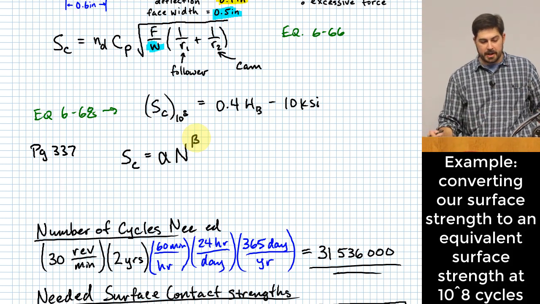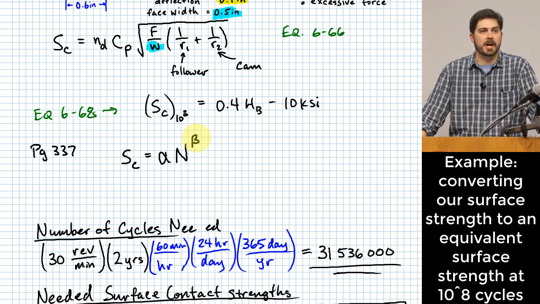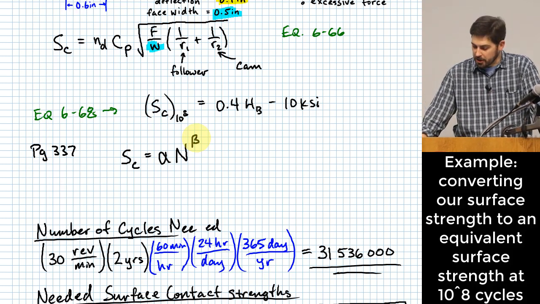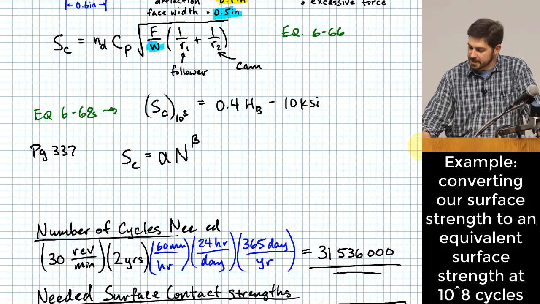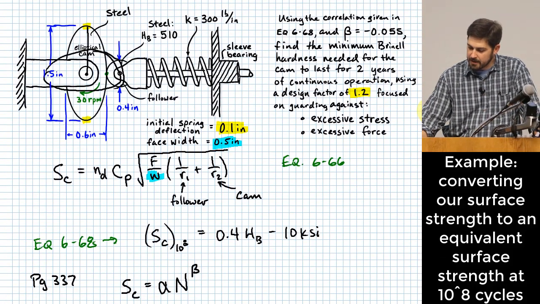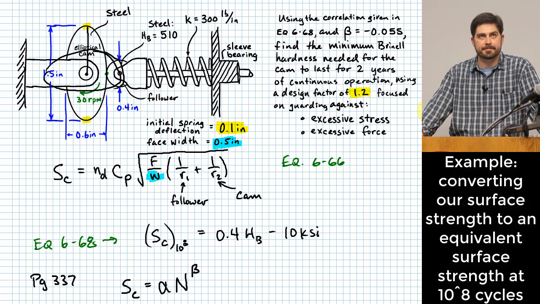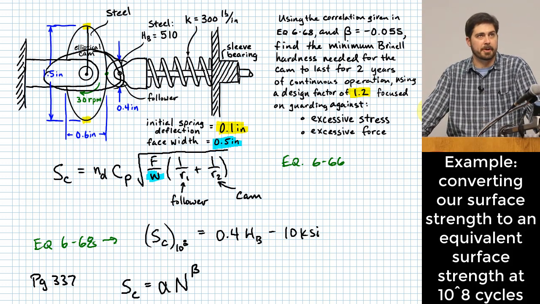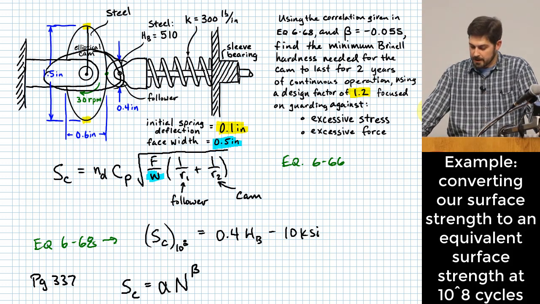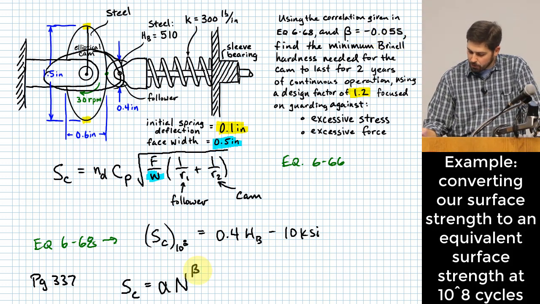And good news for us, the beta value there ends up being pretty constant. Even though there are a couple of different forms of it that might be published in different places, that's why I gave it to you at the beginning. Use a beta value of negative 0.055. That's a number that doesn't really tend to move much as long as you're talking about steel. So we have negative 0.055 for beta.